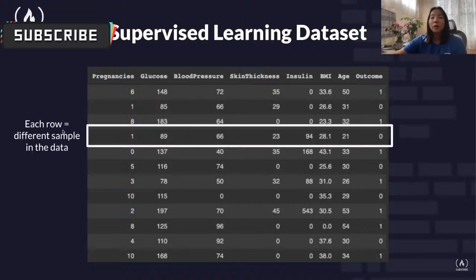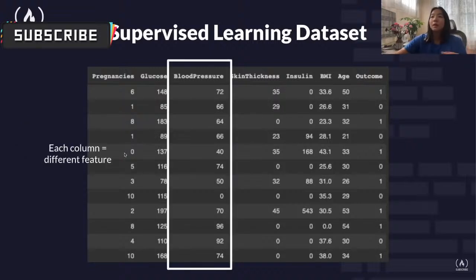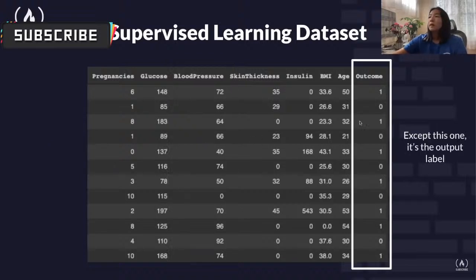So each row is a different sample in the data. So it's a different example. It's one person's data, and each row represents one person in this data set. Now each column represents a different feature. So this one here is some measure of blood pressure levels. And this one over here, as we mentioned, is the output label.